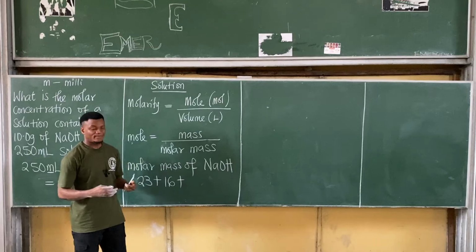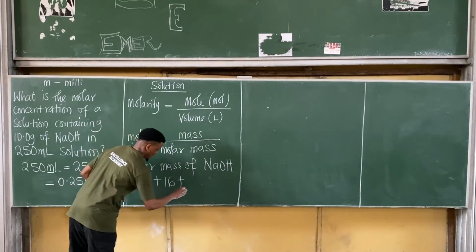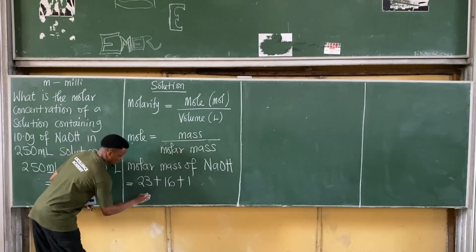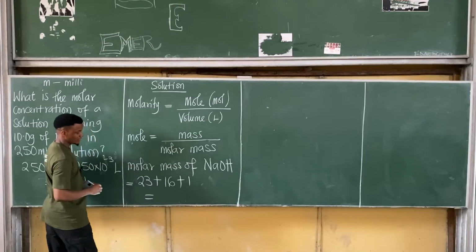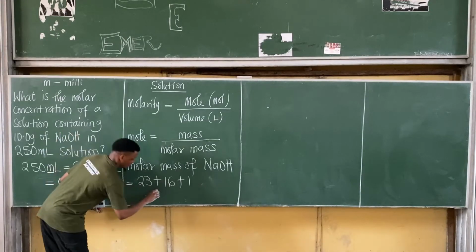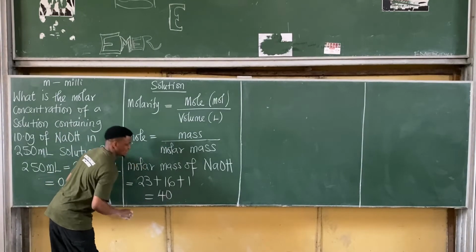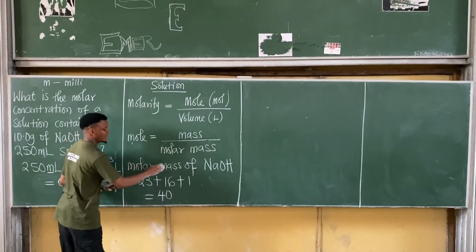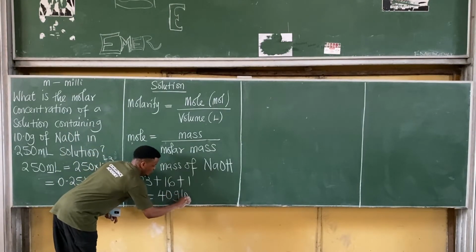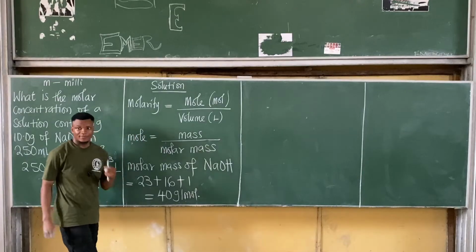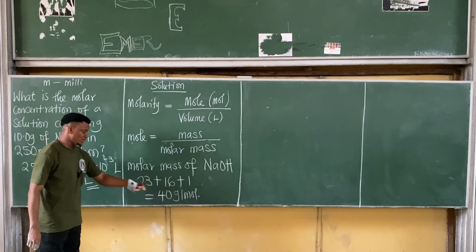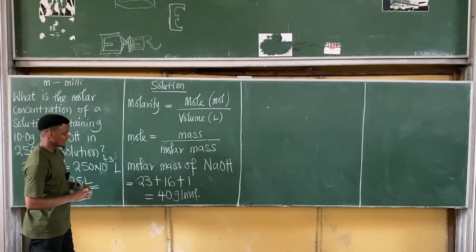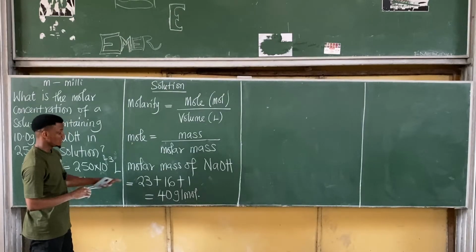For hydrogen, the atomic mass is 1. If I combine this, this gives me about 40. The SI unit for molar mass is gram per mole, as we said. So this gives me about 40 gram per mole as the molar mass.